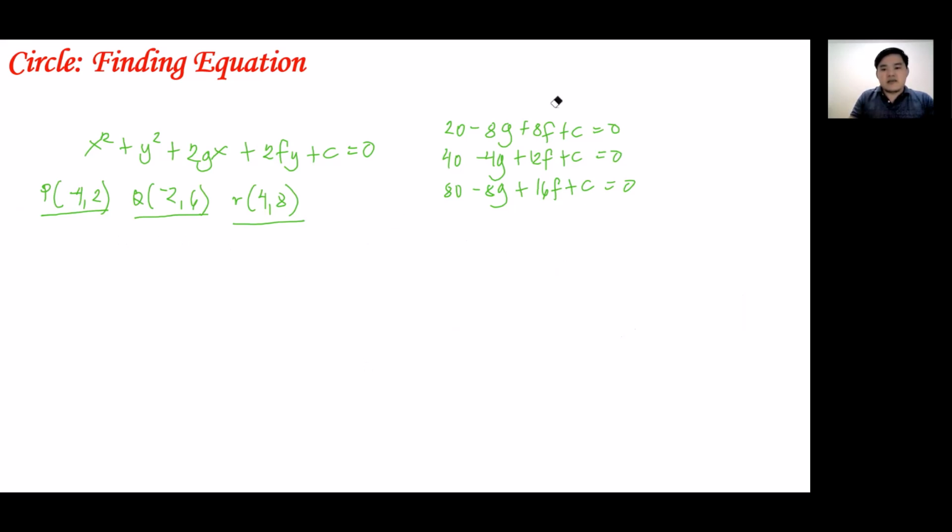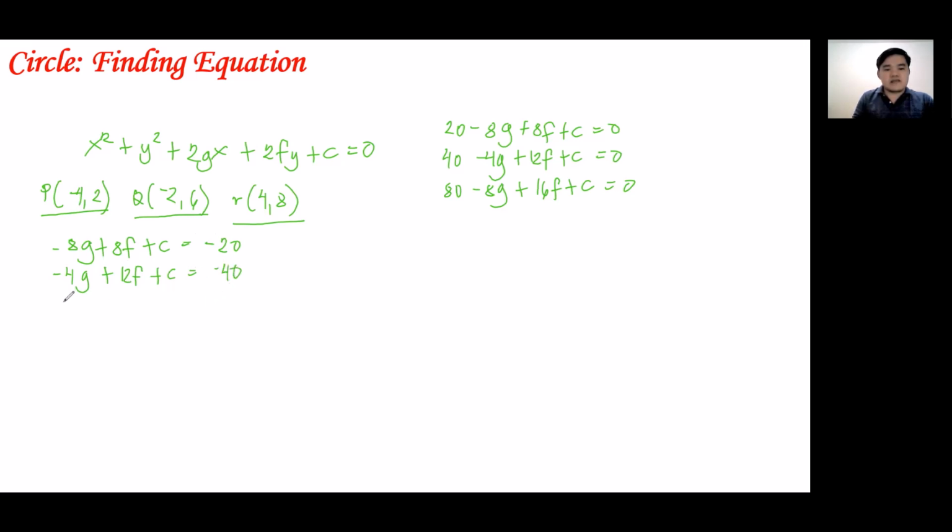Okay, so based on this equation, we're going to write them as negative 8G plus 8F plus C is equal to negative 20. Next one is negative 4G plus 12F plus C is equal to negative 40.